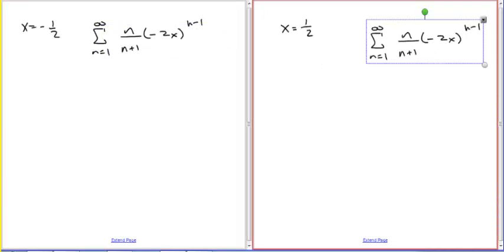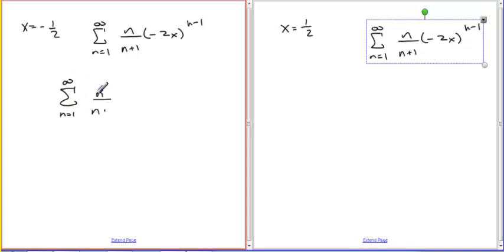Okay, so here we have this summation. So we have n over n plus 1 times negative 2 times negative 1/2 to the n minus 1 power.